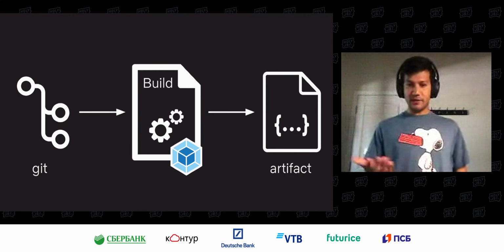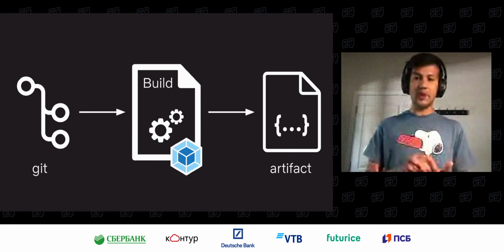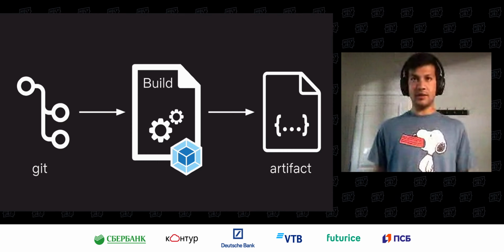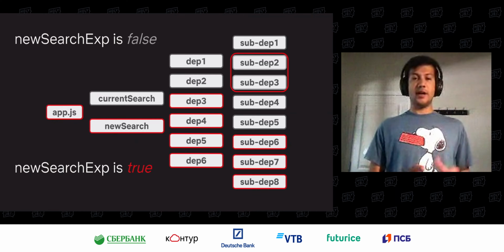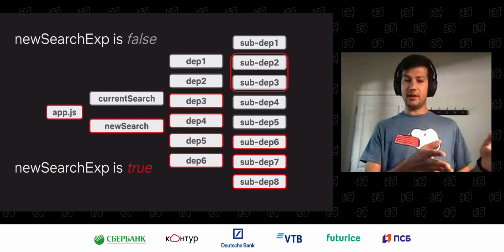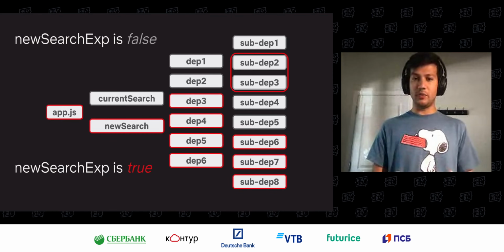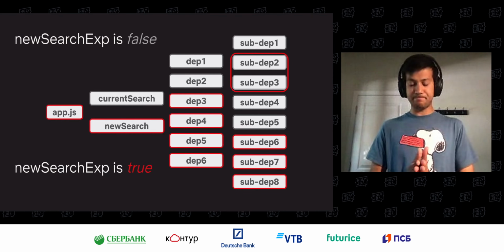So, as I said earlier, our build process is pretty simple. The build involves Webpack, reads our Git repo, generates this artifact, right? And what happens during the build process is it looks for these Boolean flags. As I explained earlier, if new search experience is true, you want the new search component to be included, followed by all its dependencies and sub-dependencies.